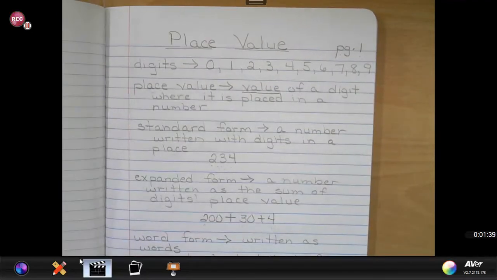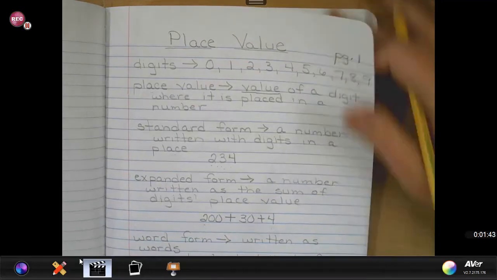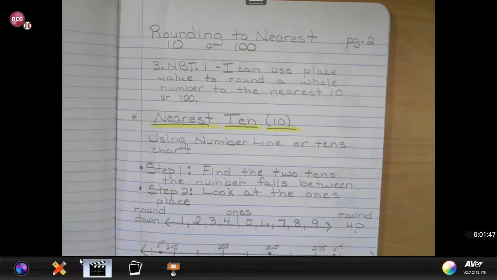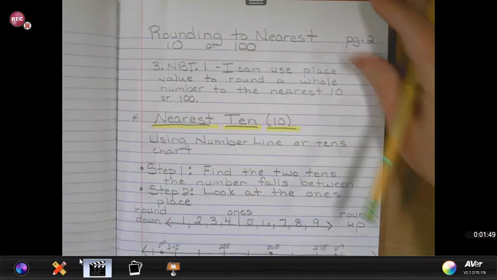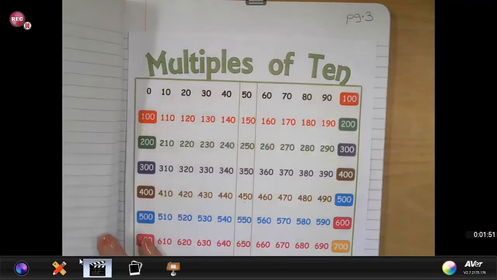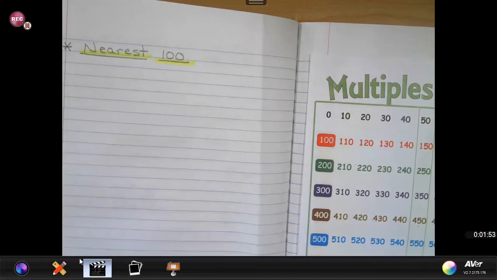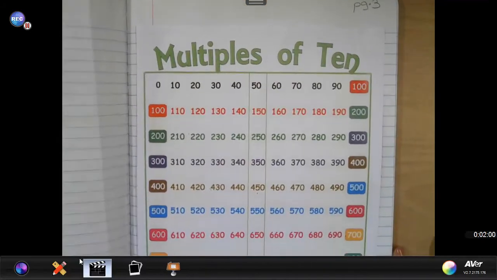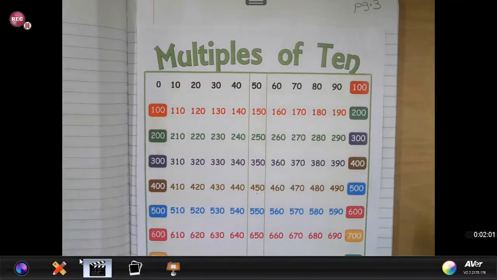Page 1 is place value. Page 2, we talked about rounding to the nearest 10. On the back of page 2, we did rounding to the nearest 100. Multiples of 10 chart.